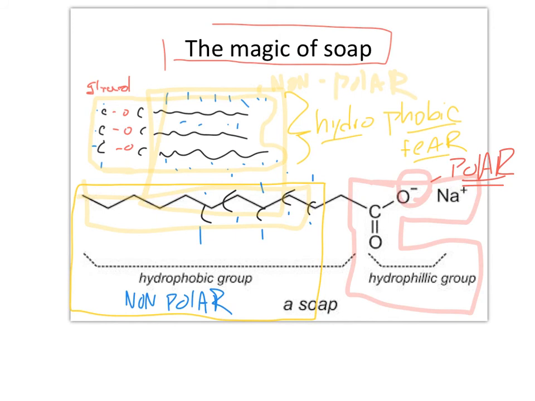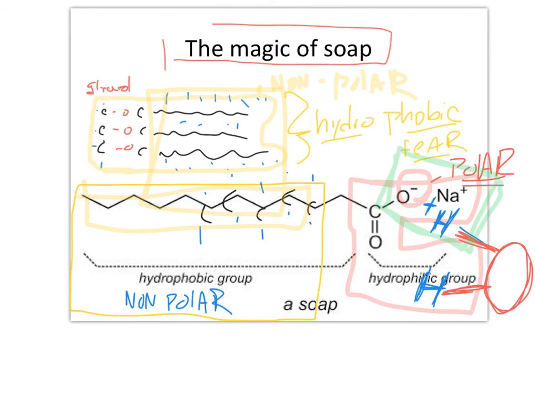So this negative oxygen is going to be very polar, and it's actually going to be attracted to the positive hydrogens of water. That's my oxygen. Here's my water molecule. And there's going to be an attraction between the positive hydrogens and the negative oxygen right here.